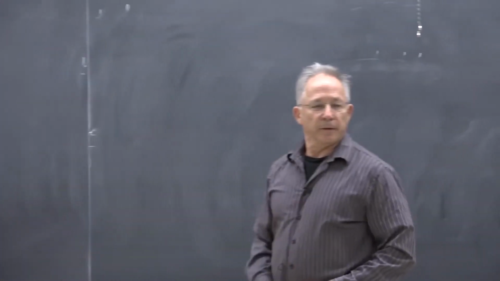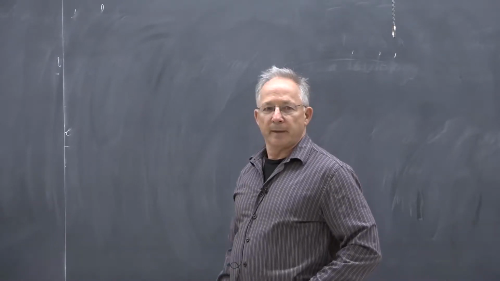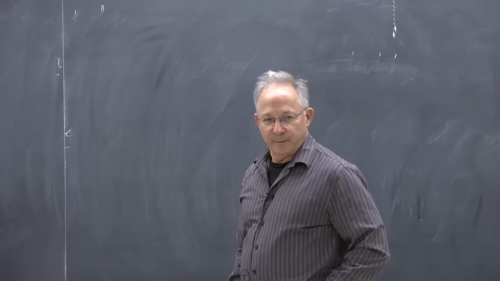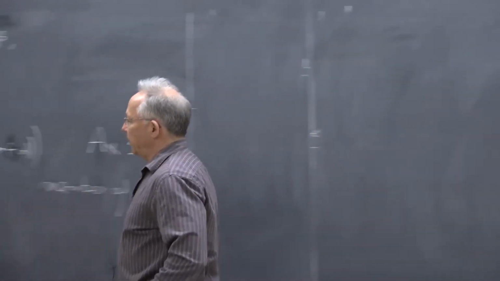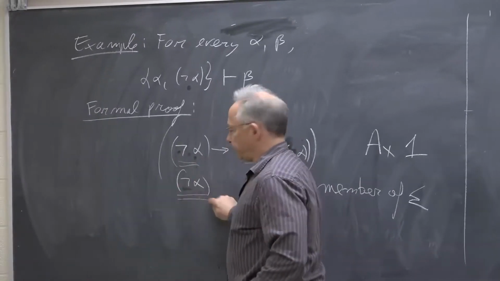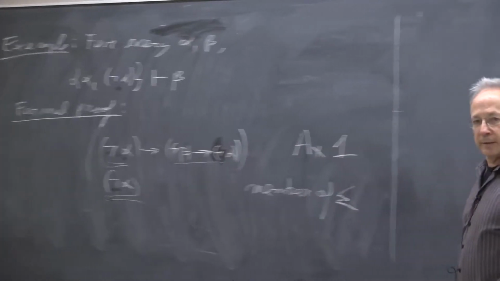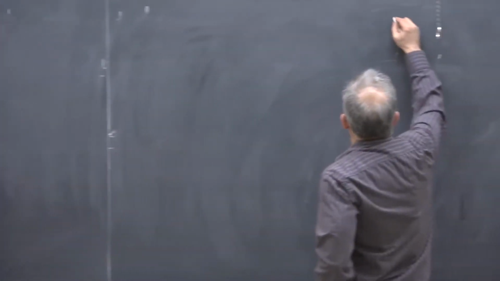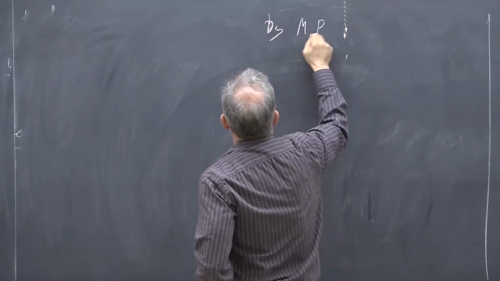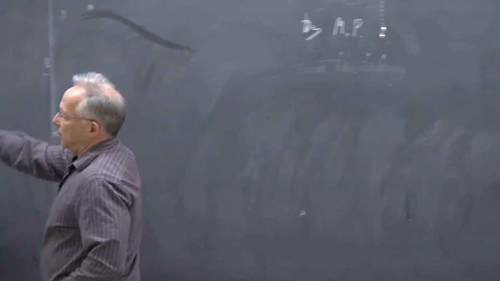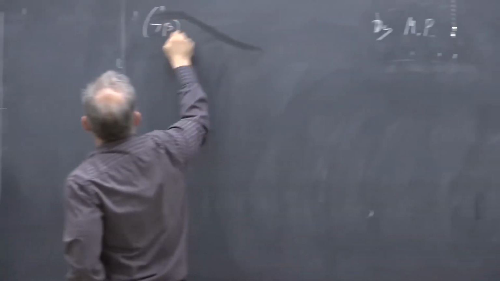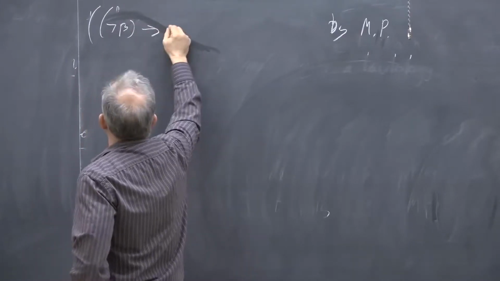What do you think should come next? Yes? Not beta implies not alpha. Right. How will we do it? Modus ponens. Now that we have an implication and the head of the implication, we can use modus ponens, delete the head and get not beta, arrows, not alpha.